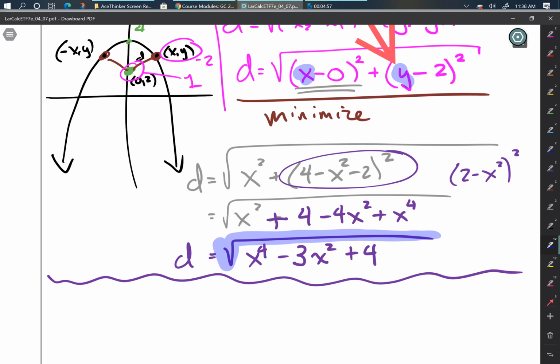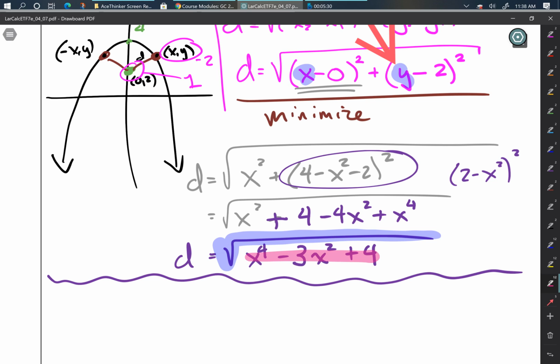So here's the argument I'd like to make: if you were going to minimize the square root of a number, that's the same as just making that number as small as possible. So if the radicand is as small as possible, then the square root will also be as small as possible. Right? So as the radicand gets smaller, the root gets smaller.